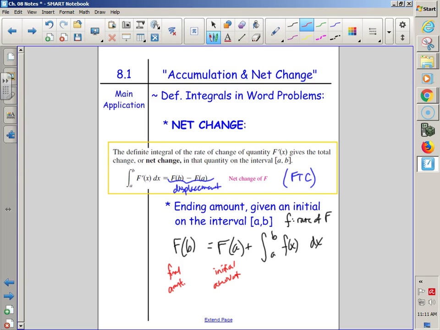Displacement we could put for this integral as far as the description, but that's actually very specific to what type of application. Motion. And this could be all sorts of things besides motion, right? Remember all of our makeup, whatever's going to be on the AP last year? Change. Right? Change in amount.